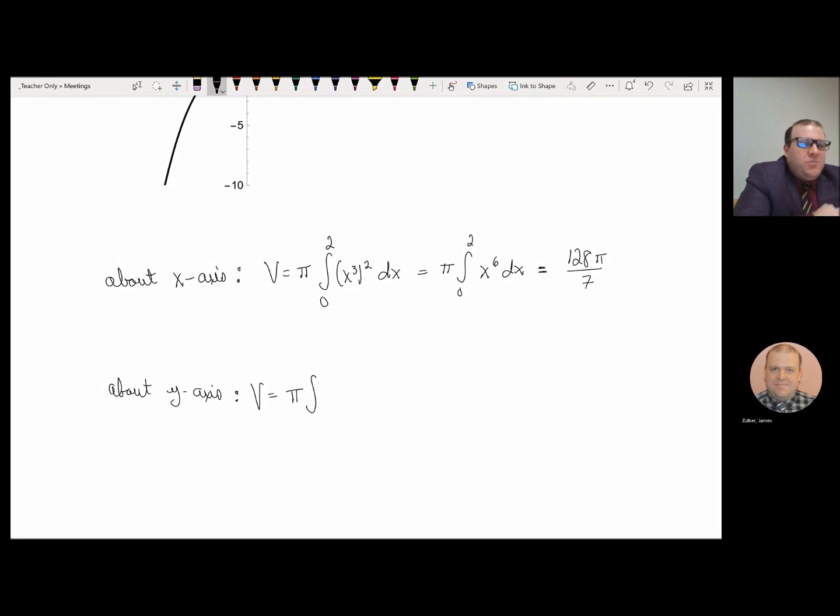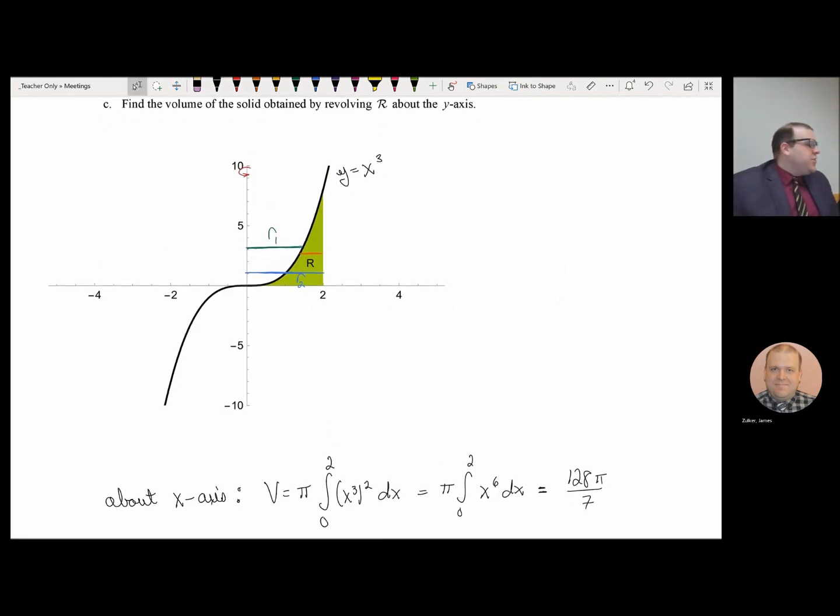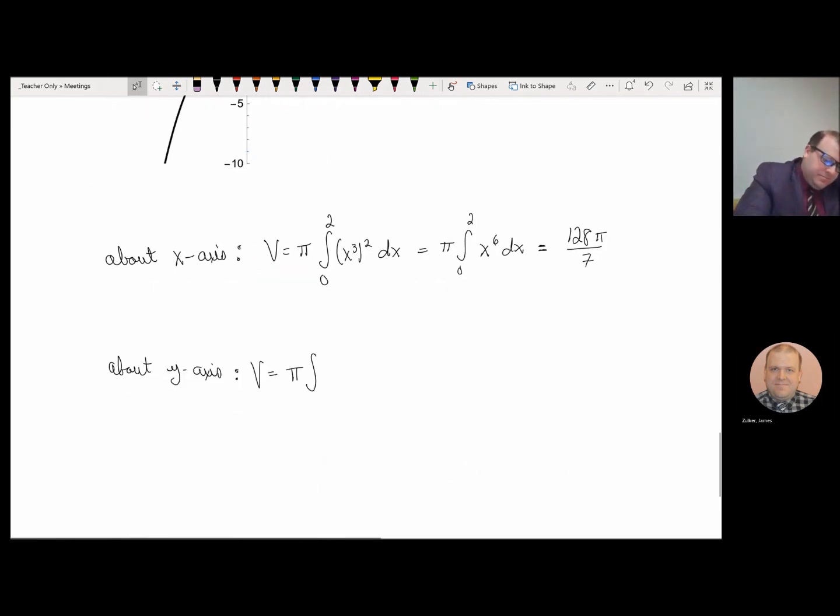We need an interval for the y-axis. So along the y-axis, what does this region extend from? Now they call it the outer radius minus the inner radius, squared.